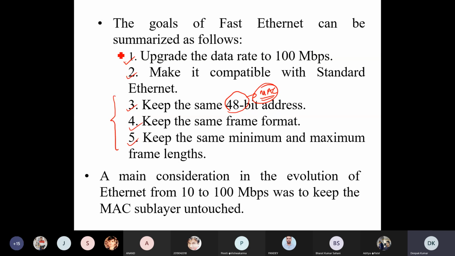But at the physical level, there will be some improvement which can be done to improve the overall transmission capacity. The main consideration in the evolution from 10 to 100 Mbps was to keep the MAC layer untouched. Same thing as already said: MAC layer, no need to change anything.